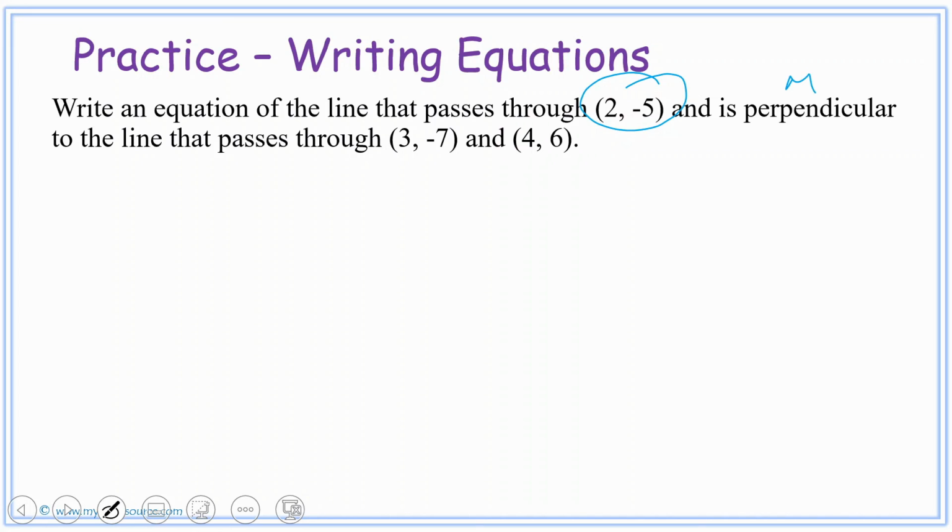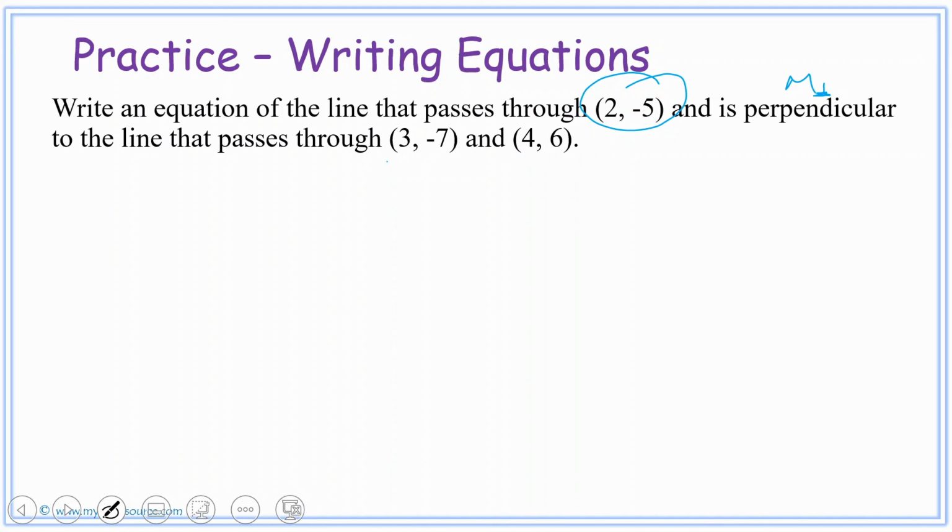So we need this slope here. But this slope is going to be perpendicular to whatever slope passes through this. So that means I have to find the slope of this, then find the perpendicular slope, and then use the perpendicular slope with the point in the point slope formula in order to get the equation that is perpendicular to those 2 points. All right, hopefully that made sense.